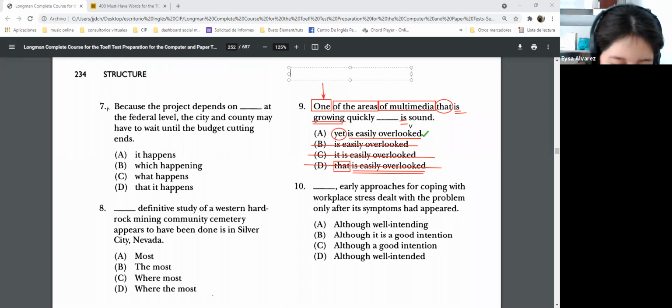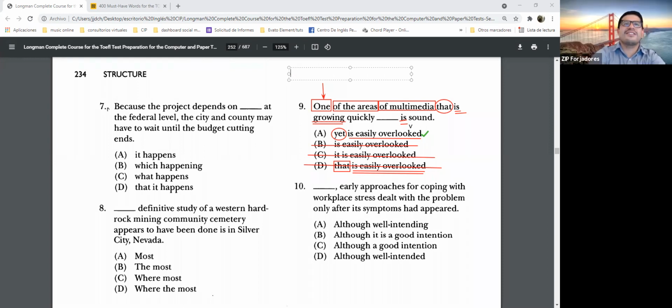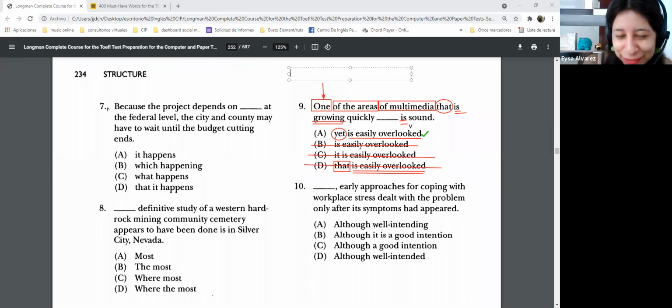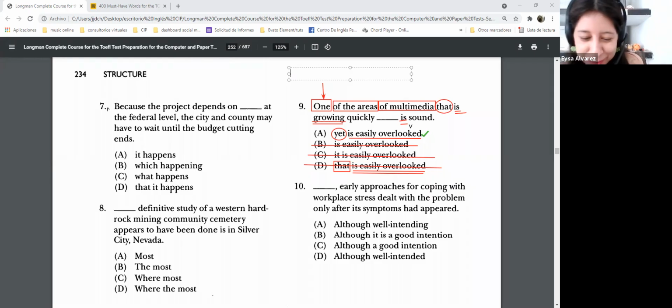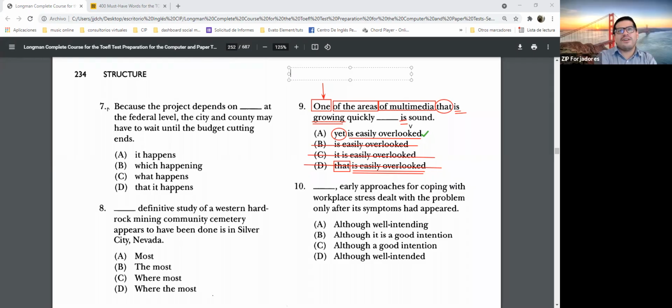I have that it is a coordinate connector, but I'm not sure. Yes, it's a coordinate connector, but for that I think we need also a subject, right? Subject, verb, comma, then the coordinate connector, and then the subject and verb. "That is growing quickly.